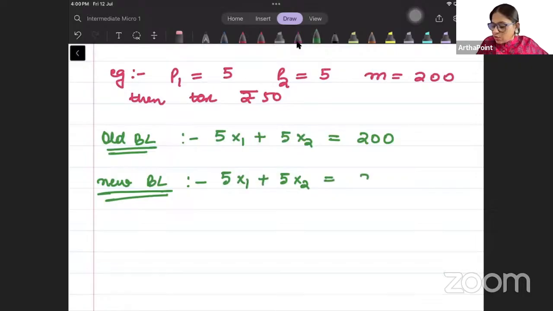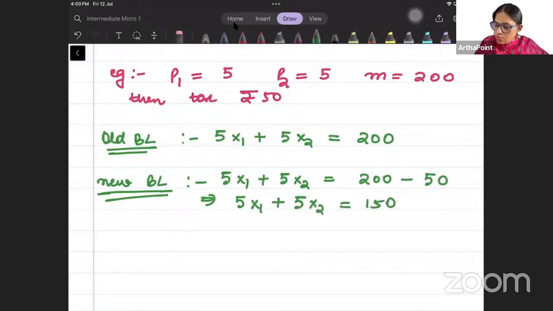What is the new income? Old income minus tax paid. That will be your new income. Clear? So this will give you 5 X1 plus 5 X2 is equal to 150.